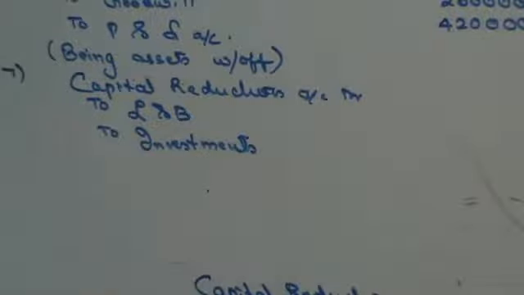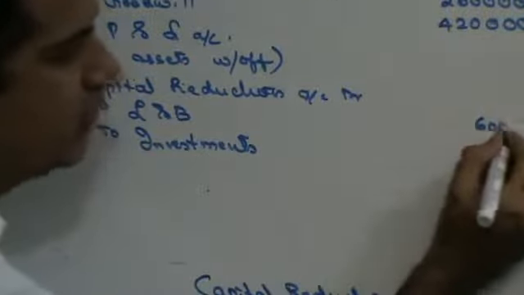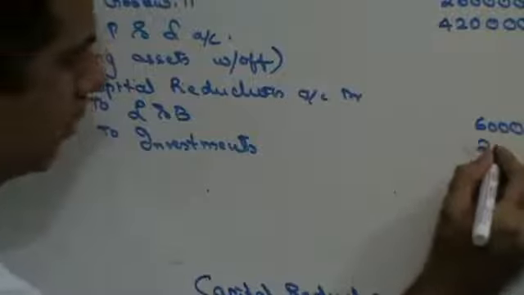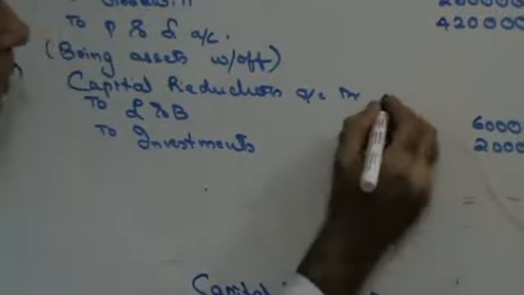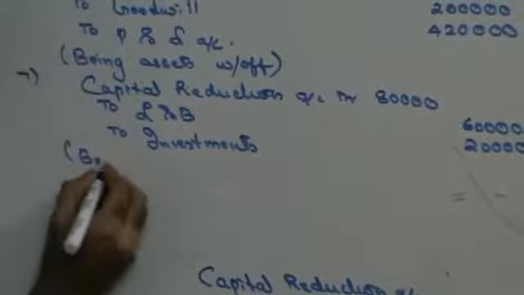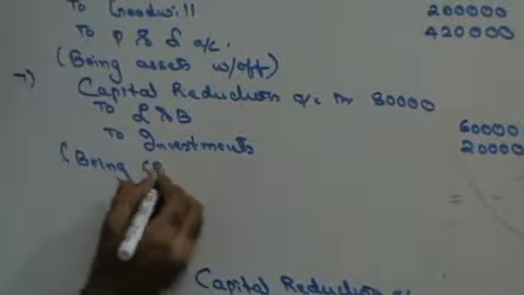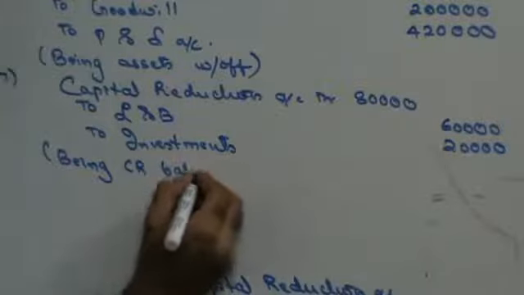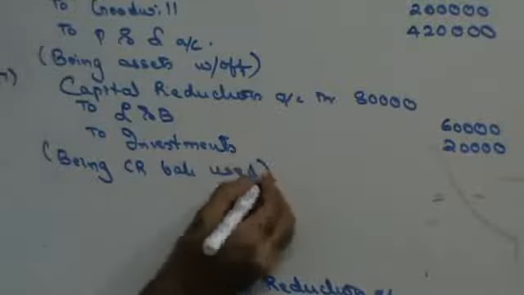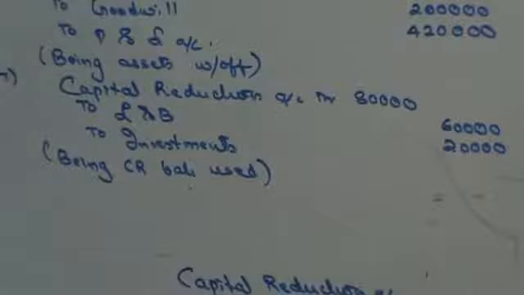Now, land and building is 60,000, investments is 20,000, total is 80,000, being capital reduction balance used. Fine. So that finishes the journal entries. Now let's see the balance sheet, guys.